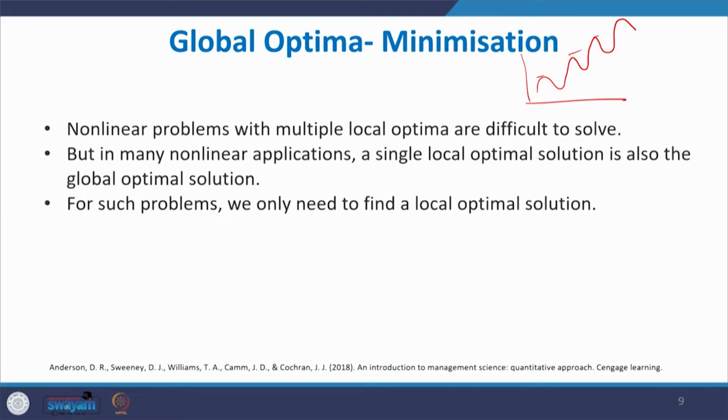But in many nonlinear applications, a single local optimal solution is also the global optimal solution. Sometimes there may be one single solution that is also the global optimal solution. For such problems, we need to find only a local optimal solution, because that local optimal solution is equal to the global optimal solution.